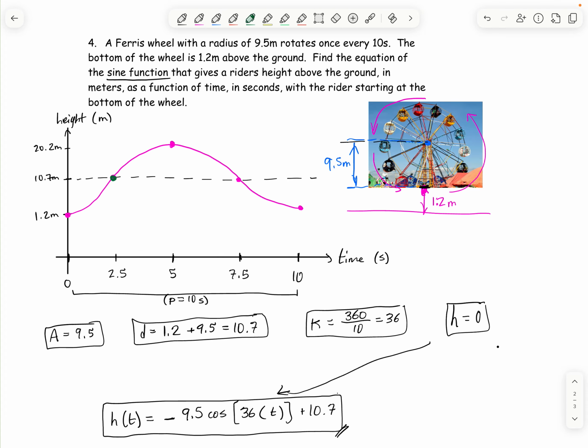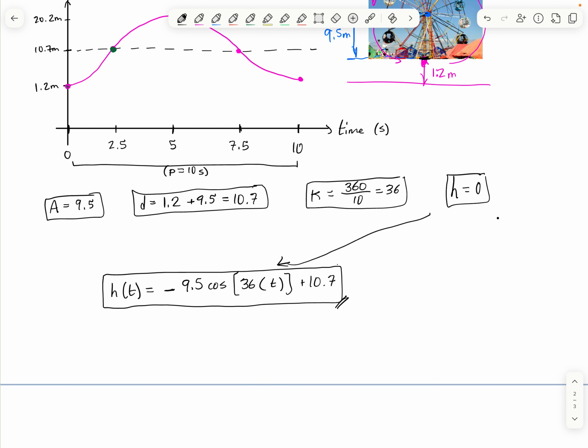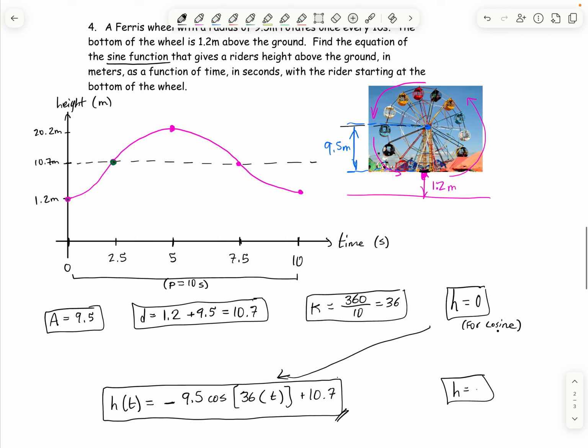And if it starts at the bottom, we shift it right by a quarter of the period. So by 2.5. So essentially, for cosine, h is equal to 0. For sine, when it starts in the middle and goes up, h is going to be 2.5.